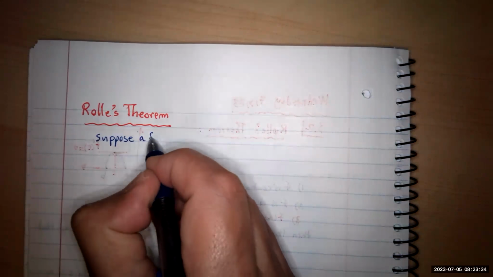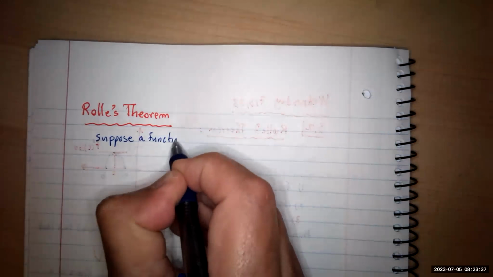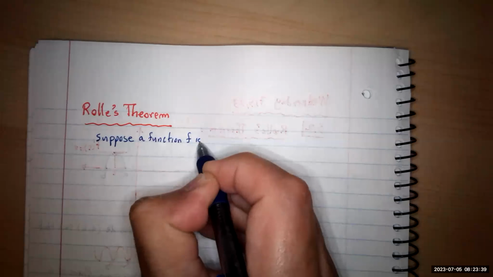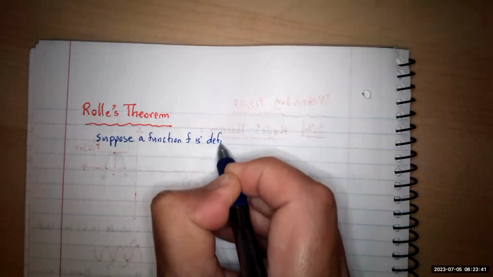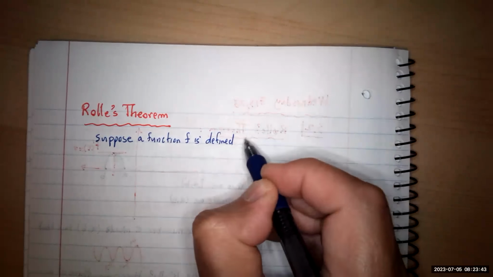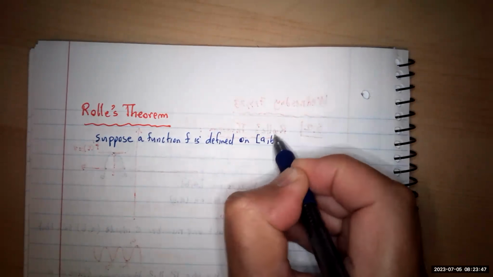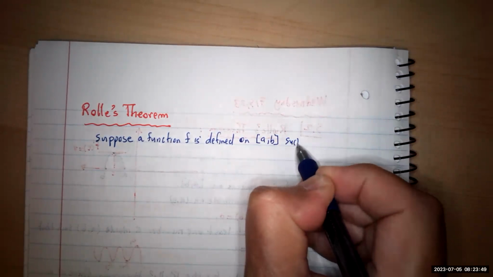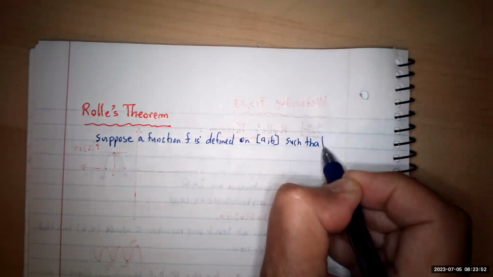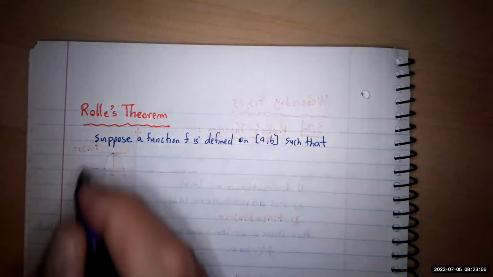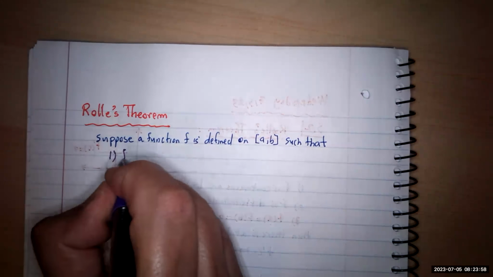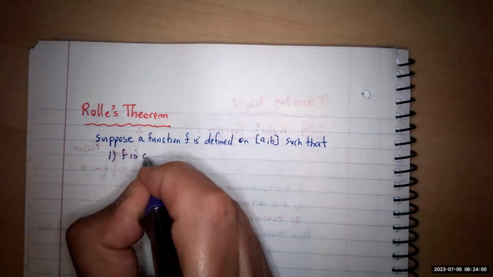Suppose a function f is defined on the closed interval of A and B, such that the following conditions are satisfied. The first one, continuity.